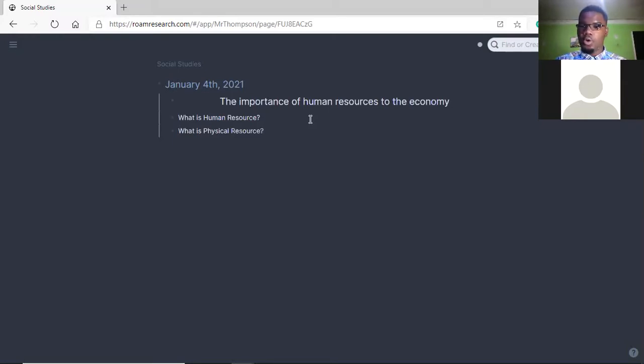If I have gold, physical resource, but it's not valuable until human resource, the skills, the knowledge, the talents people have, those are human resources because they're now able to use that to affect physical resource and make it valuable. So human resource: skills, talents, knowledge, and expertise of the working population. Understand?